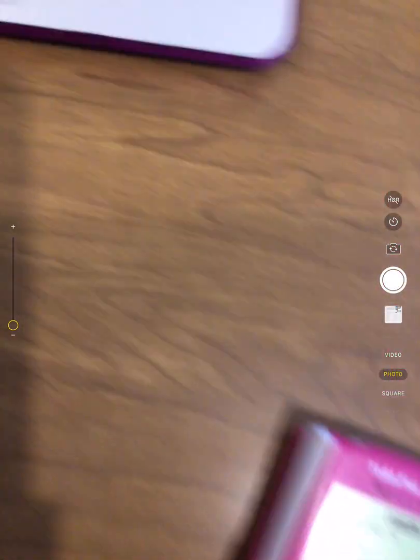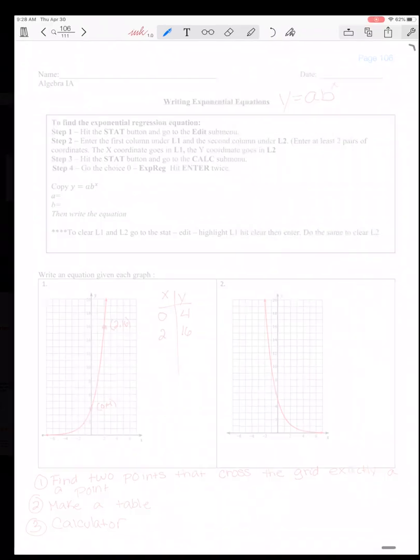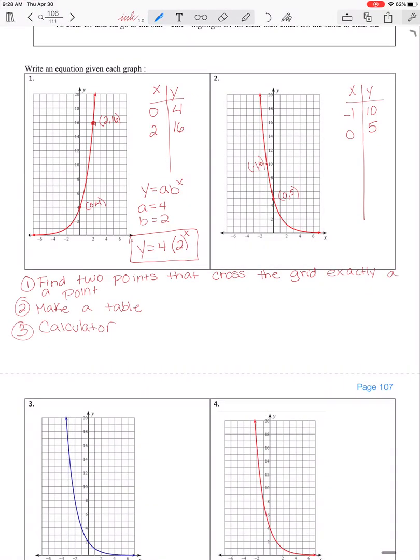So let's write that down. Again, you do have to copy the entire screen of the calculator. So y equals a b to the x power, a equals 5, b equals 0.5, and we just substitute into the equation.